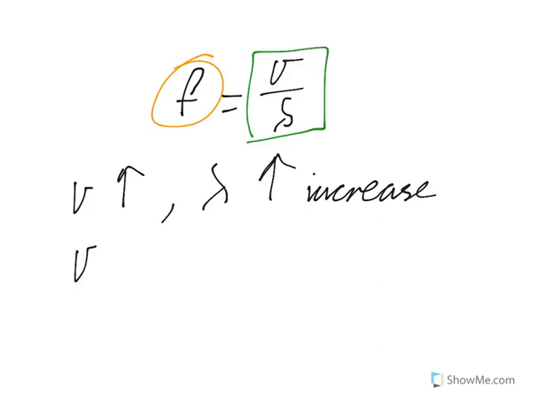And of course the opposite is true as well. So if the speed goes down, then the wavelength goes down as well. All right, and so here's a couple of diagrams showing wavefronts that kind of indicate that.